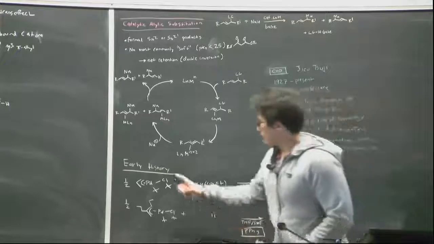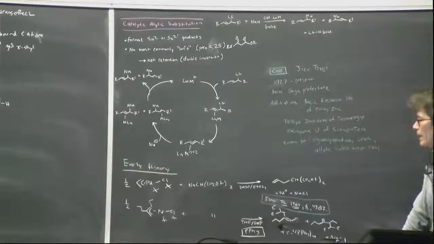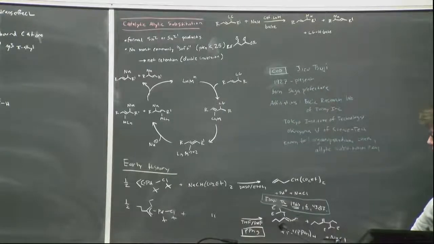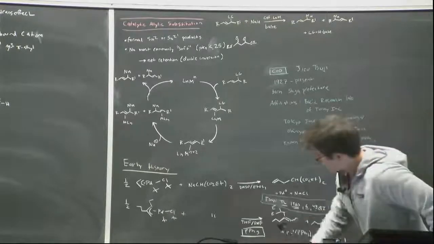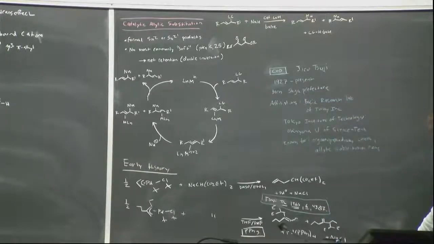So he found that treating allylpalladium chloride dimer with the same nucleophile we encountered earlier, just deprotonated diethyl malonate, in DMSO and ethanol, led to this formal alpha-allylated product, along with palladium-0 precipitate, which can be observed as palladium black, and sodium chloride.